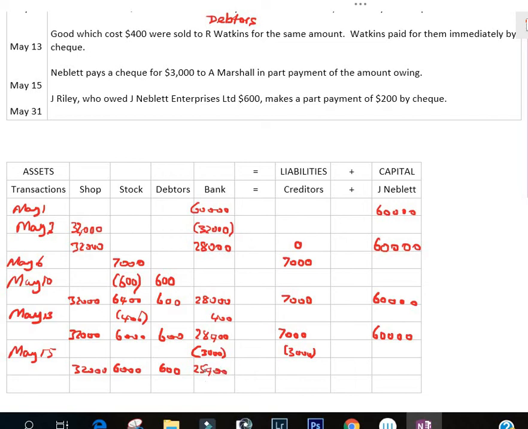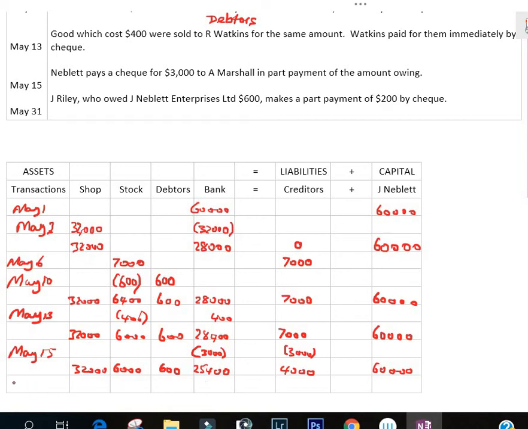Alright, let's write that properly again. That didn't come out so nicely. There we go. And we now only owe Marshall $4,000, and we still have not withdrawn any money into our personal account, so we have $60,000 in capital in the company.